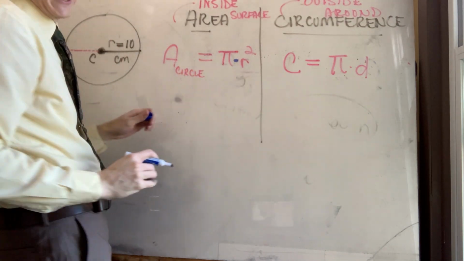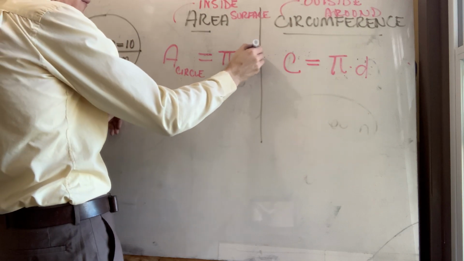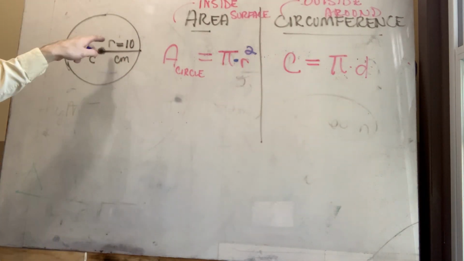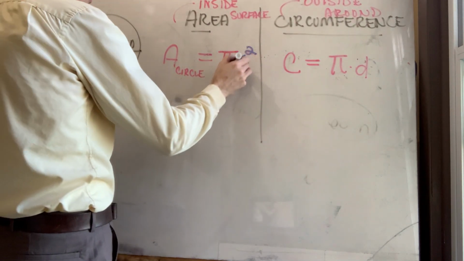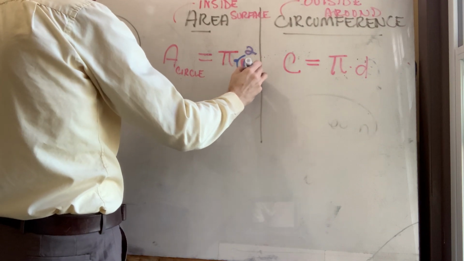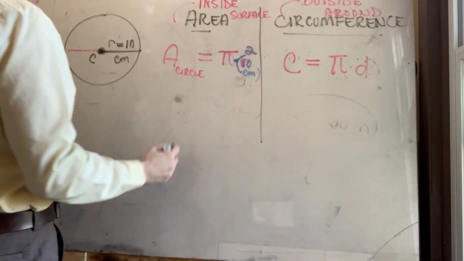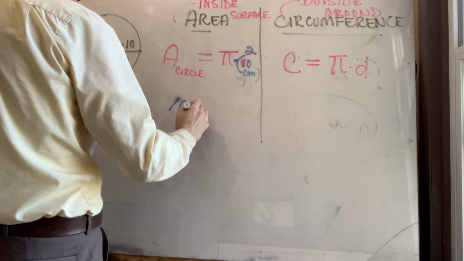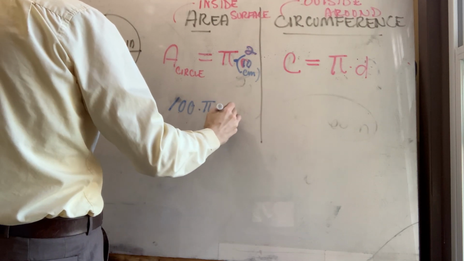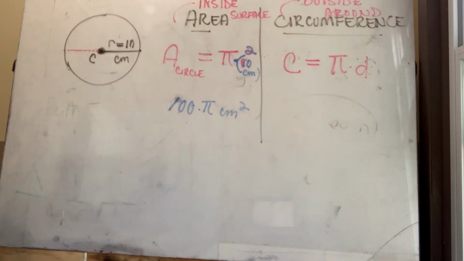The radius is 10, so I would squeak a 10 in here. Centimeters. 10 squared is 100, which means that this is 100 times pi centimeters squared. Right?